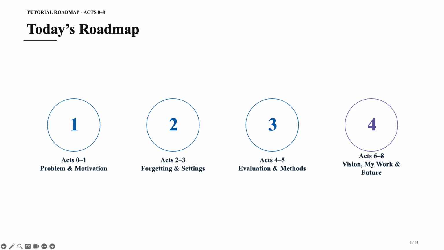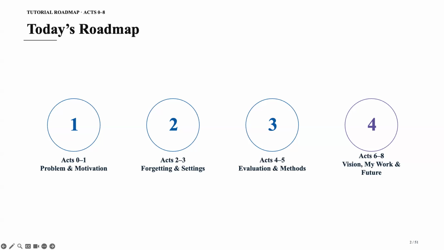Before I begin, let me show you what you can take away from this tutorial. I hope that after the tutorial, you can do these five things. First, understand why a model forgets. Second, understand how a continual learning setting is defined.